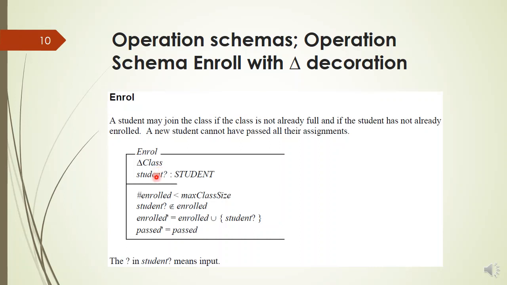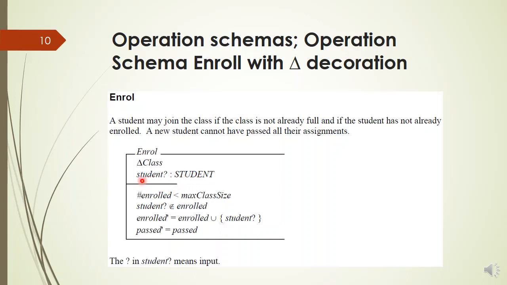Now we are declaring an input variable with the sign of a question mark, or sign of interrogation, at the end of the variable, and its type is Student.